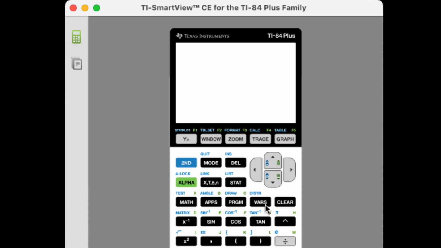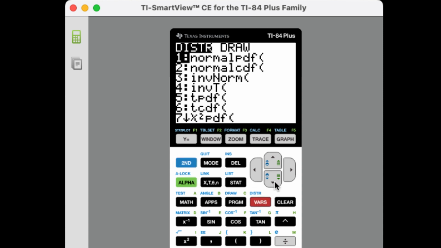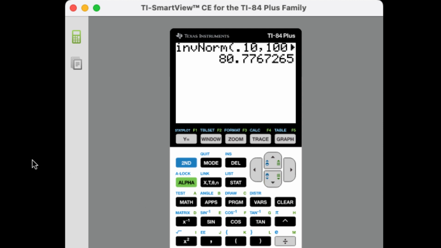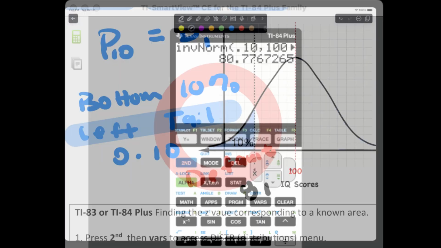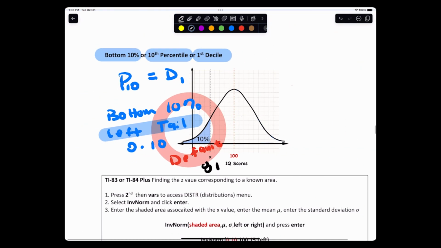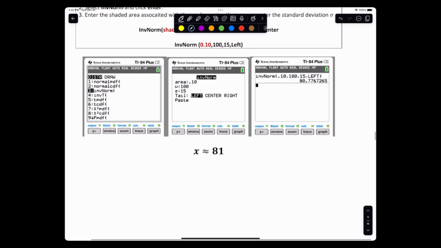Because when I go to the default now, I hit second distribution, inverse norm, 0.10, mean is 100, standard deviation is 15, paste that in. Ladies and gentlemen, isn't that the same 81 again? So that's because the default is the same in the case of the bottom. So whether it's bottom 10%, bottom 5%, bottom 1%, ladies and gentlemen, this is how we handle that.